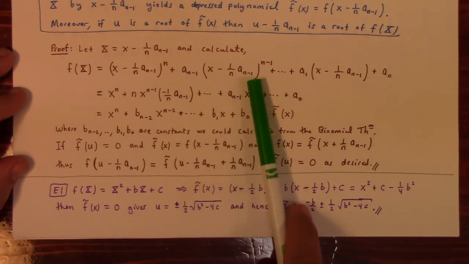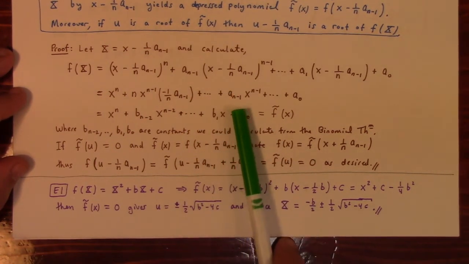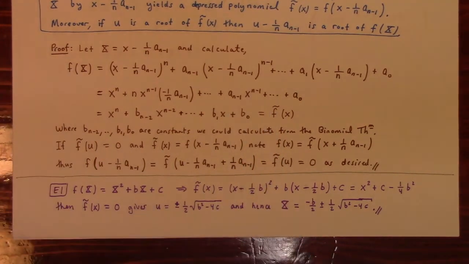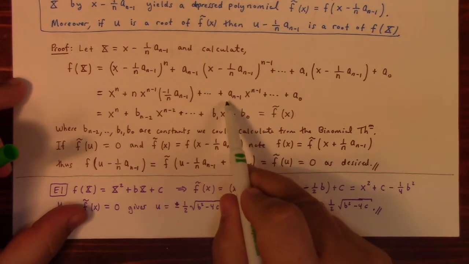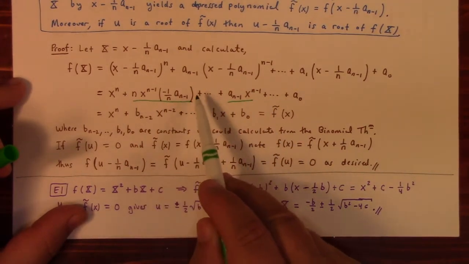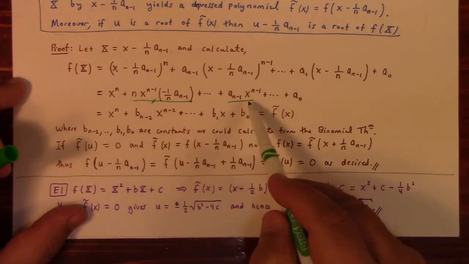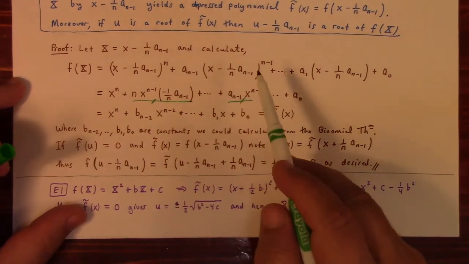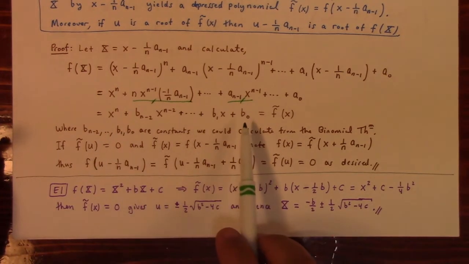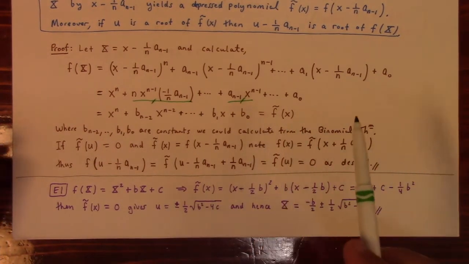And then the leading term in the second term is a sub n minus 1 times x to the n minus 1. So this guy here and this guy here, they cancel, right? These guys cancel. And that means that we have no next to leading order term in the substituted polynomial, which we define to be f tilde of x.